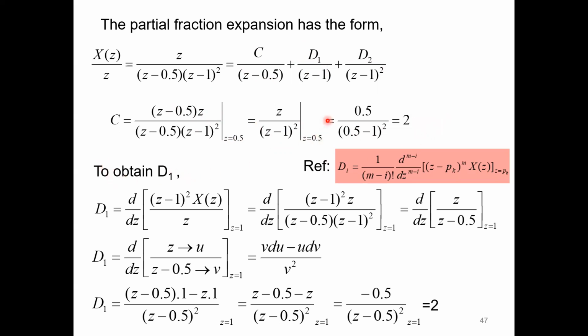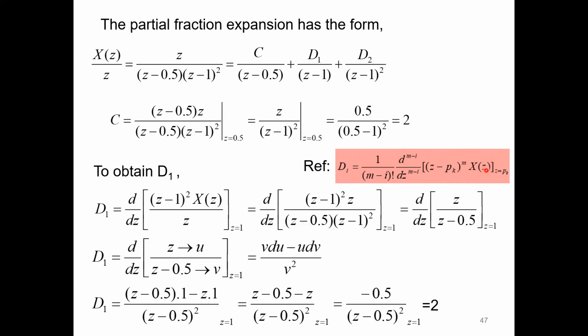But for D1 and D2, we use a different formula, this one, which is already given, but you need to digest this equation. It comes in this format: 1 over (m minus 1) factorial, d^(m-1) over dz^(m-1), the differentiation of this term, (z minus p_k) to the m, times X(z). It looks a bit long, a bit scary.